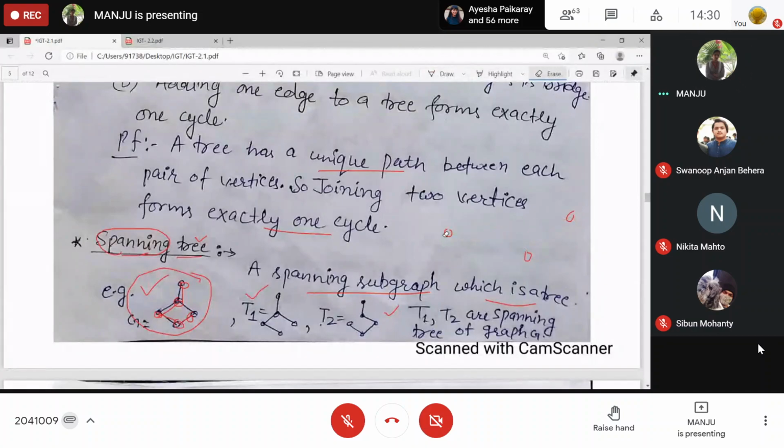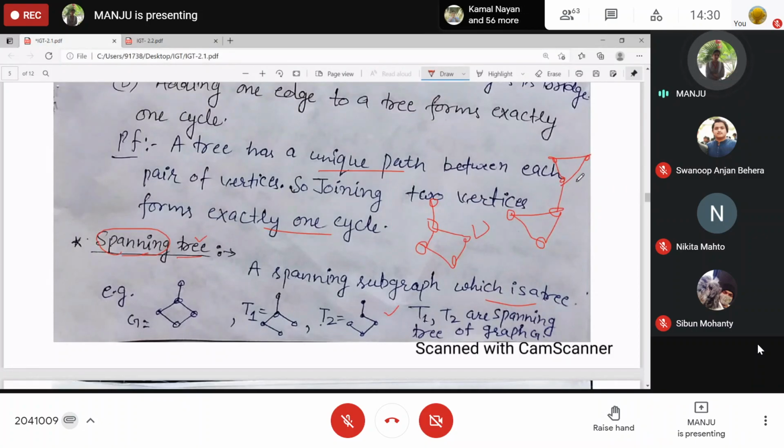Can we? Yes. No. Some graph contains cycle only. Okay, I'm giving you some graph containing cycles only. This one union with this one.